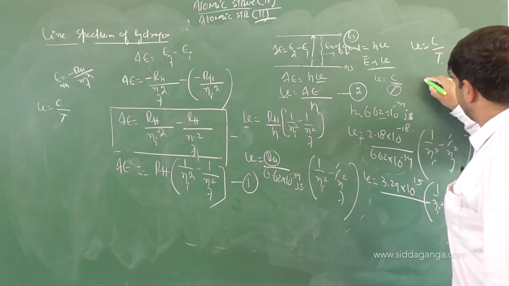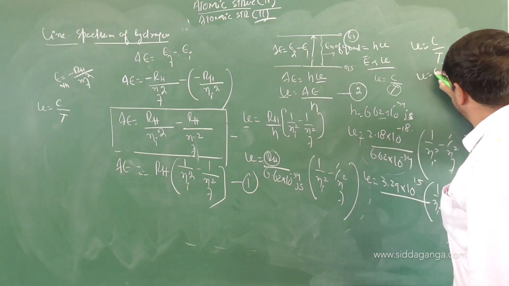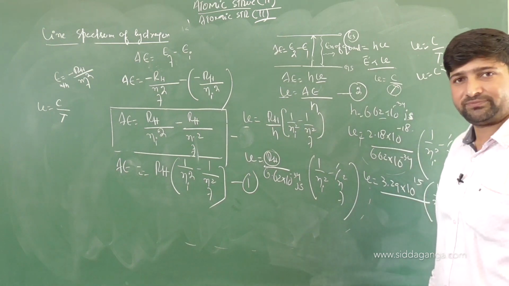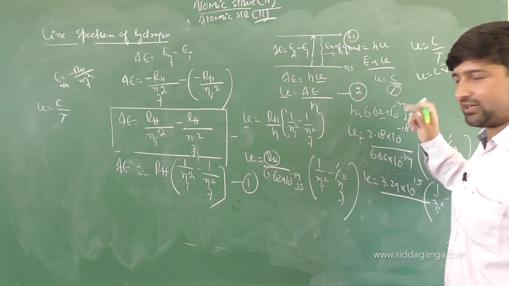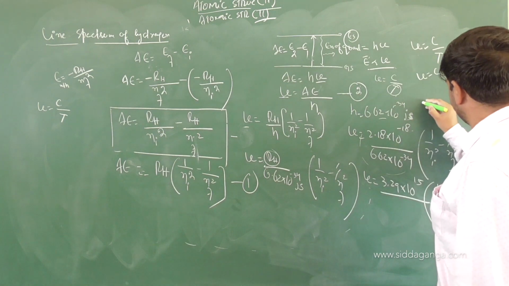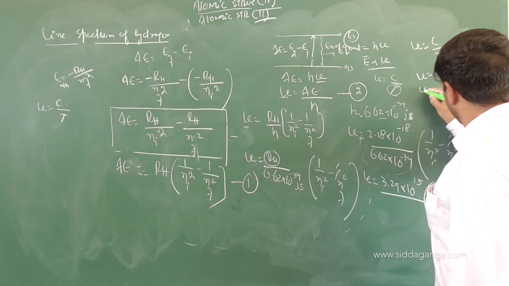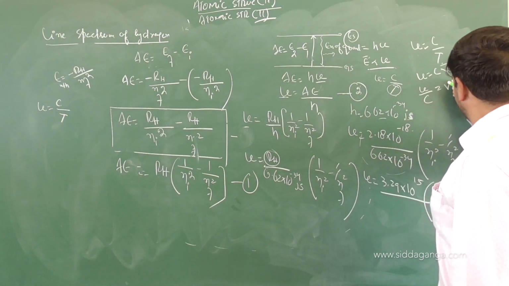So if nu is c by lambda, that can also be written as nu equals c into wave number, because 1 by lambda equals wave number. Done or not? Very good. That further makes it, what will wave number be equal to? Nu by c equals wave number.